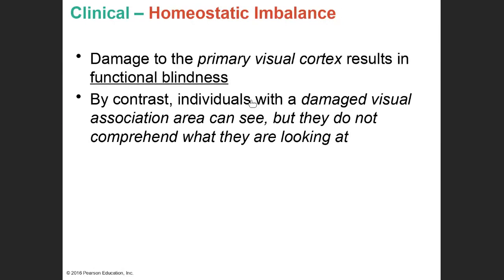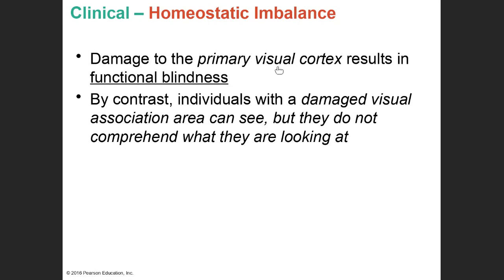And kind of interesting, if you have a damaged visual association area, you can still see. What this does is demonstrate to you the difference between a primary area and an association area.